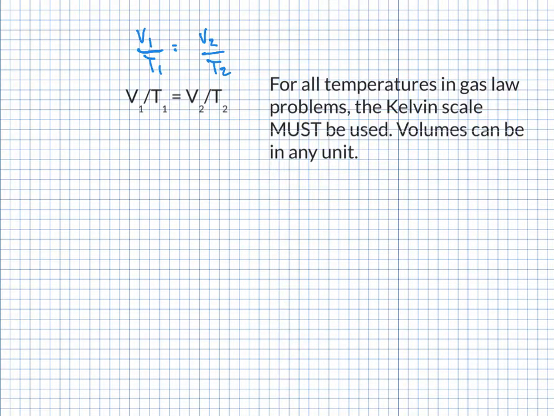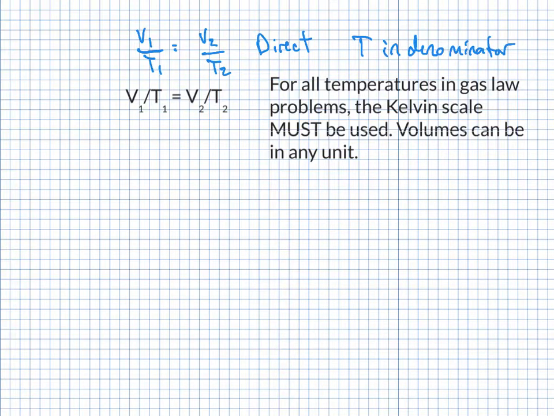So yes, they are in a direct relationship, but the direct relationship means that when volume and temperature are on the same side, they're actually in a fraction form. So you have temperature in the denominator, and you're always going to see temperature in the denominator in all these other formulas that I'm going to show you in the next couple of videos.